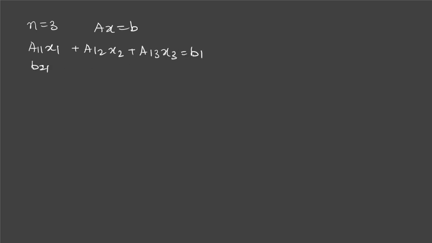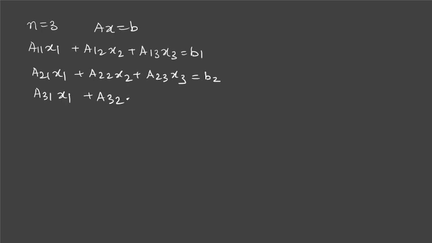Then a21x1 plus a22x2 plus a23x3 equals b2. Then a31x1 plus a32x2 plus a33x3 equals b3. And you don't have any idea how to solve it, because it's very difficult.